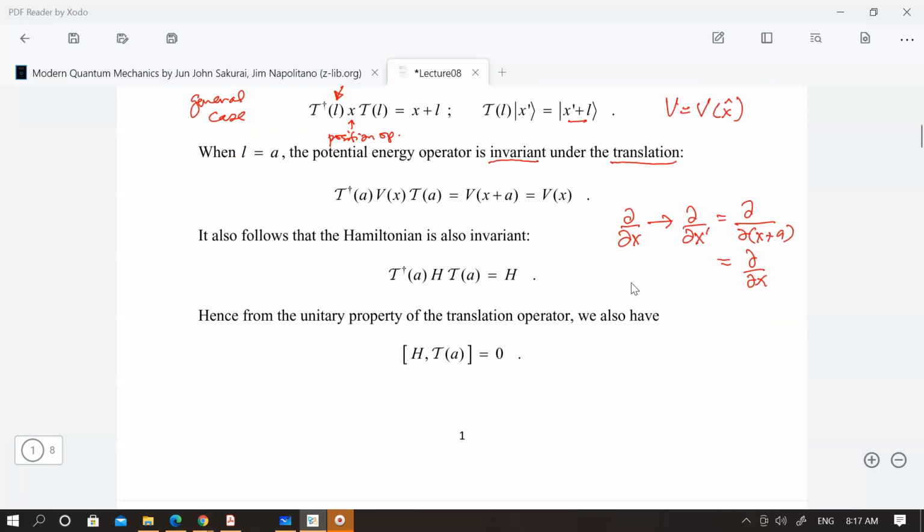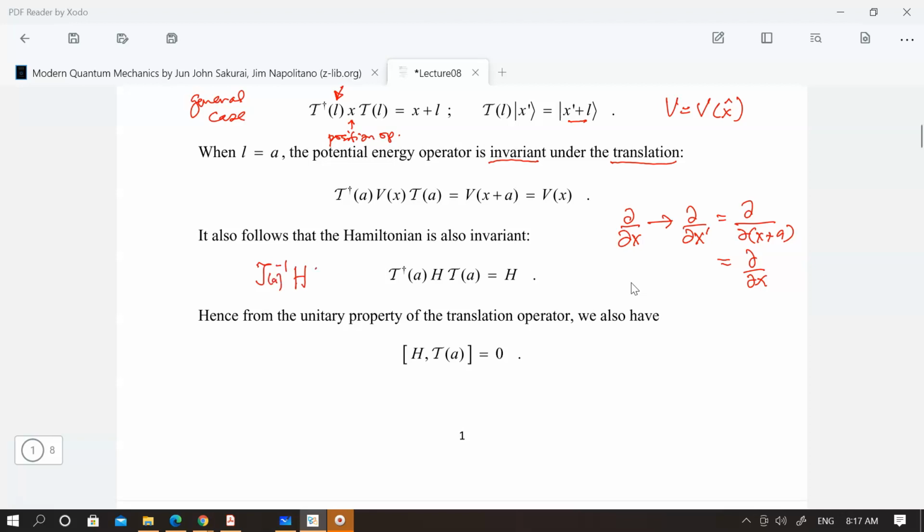If one looks at this, remember that T is unitary, so T dagger is actually the inverse. I should be careful here.